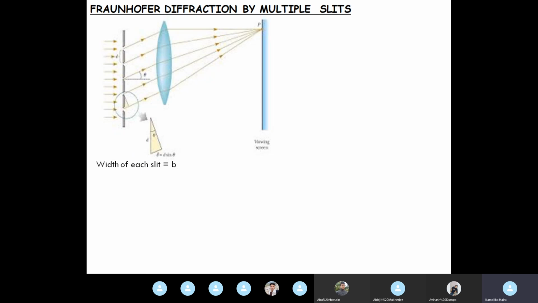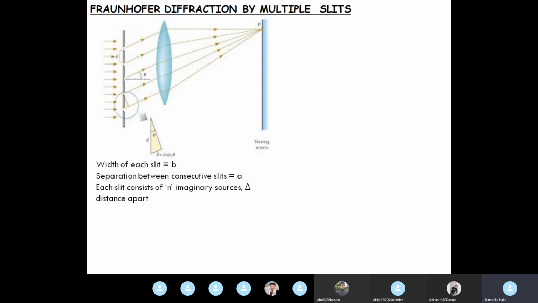Now, as usual, the width of each slit is B, like our earlier cases, and the separation between consecutive slits is A. So each slit here is of width B, and the opaque space between the slits is given by A. And once again, as in our earlier assumption, each slit of width B consists of n imaginary sources delta distance apart.